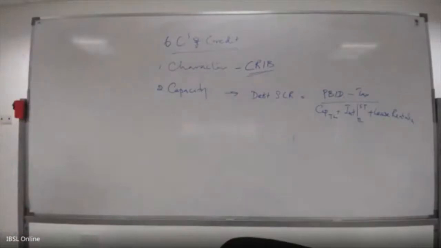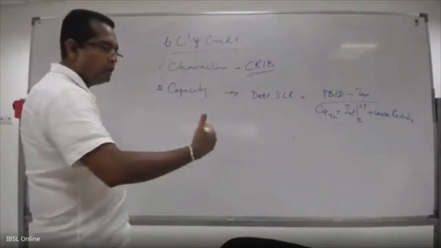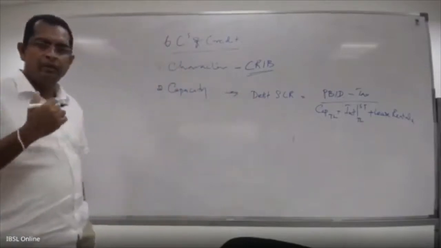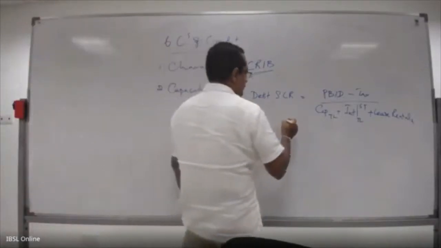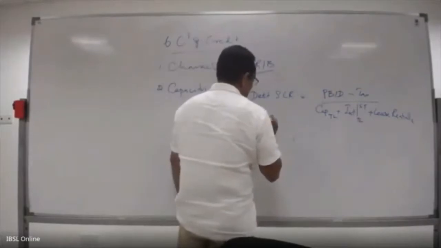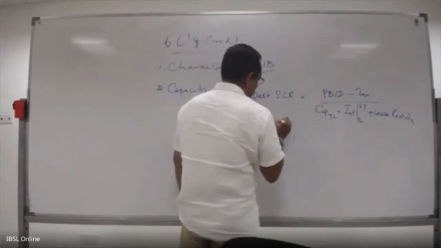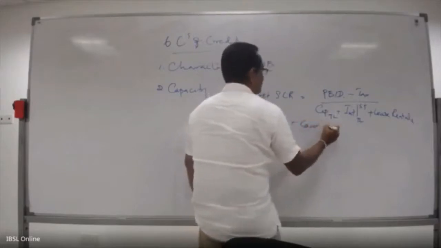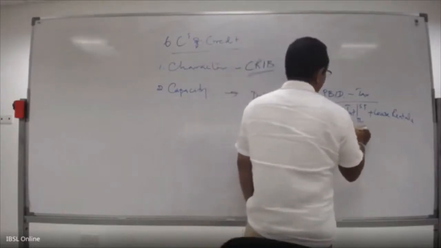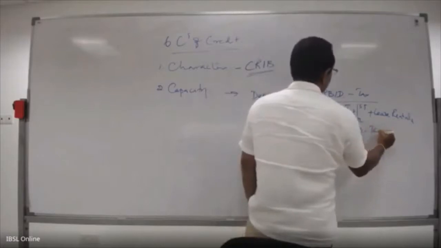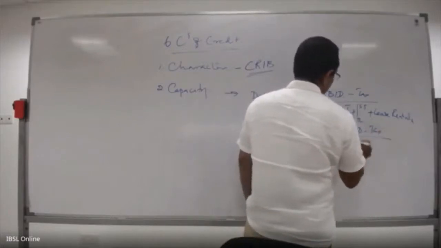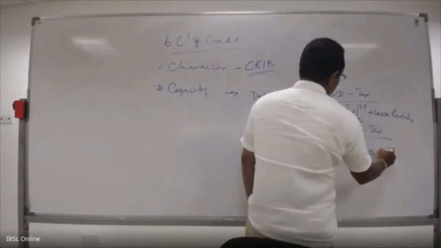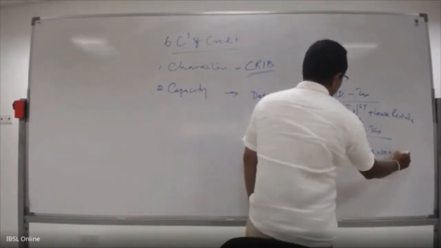If we are going for a long-term loan, we consider this one. If we are thinking about a short-term facility, we calculate interest cover, which is equal to again PBID minus tax divided by interest, term loan, short-term loan plus lease interest, right?